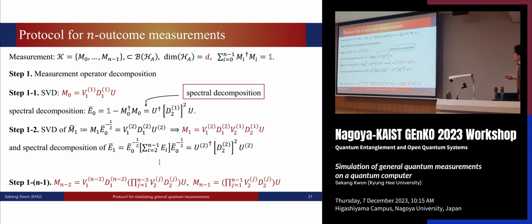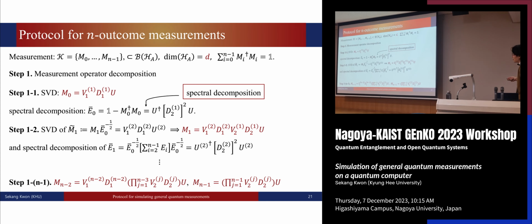And after that, we do a singular value decomposition of M1 tilde, defined like this. And from M1 tilde, we can get the decomposition of M1, the original measurement operator, like this. And repeating this process, in the end we can get this kind of measurement operator decomposition.